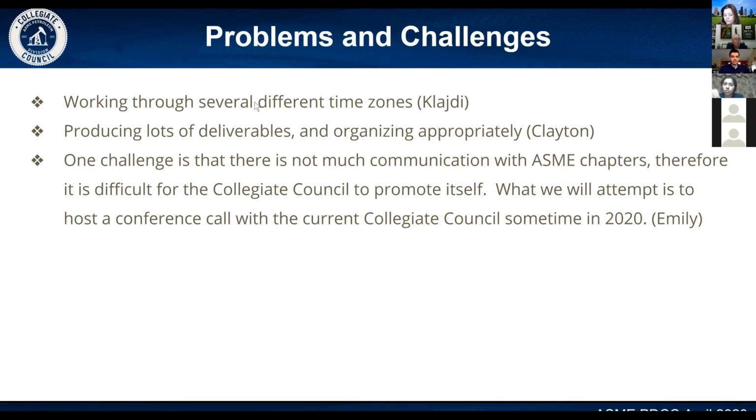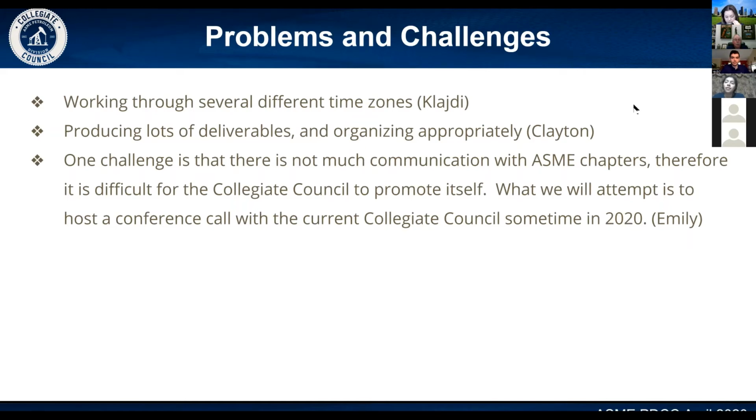So another challenge that we realized throughout the year is that the communication from us, the Collegiate Council, to the different universities hasn't really been established. So that in order to make that happen, we could do a lot of things.